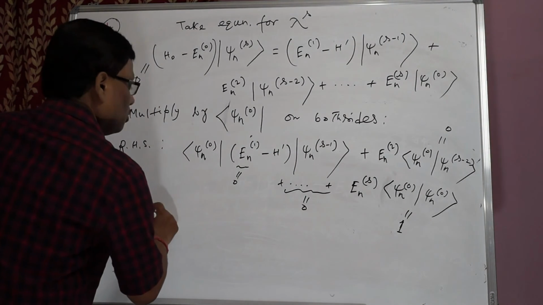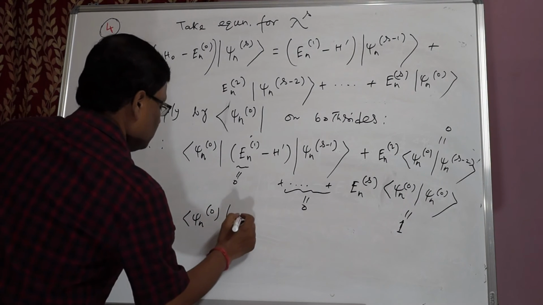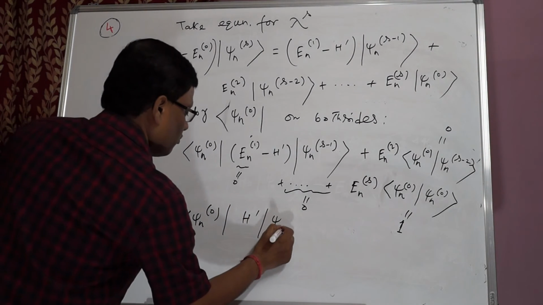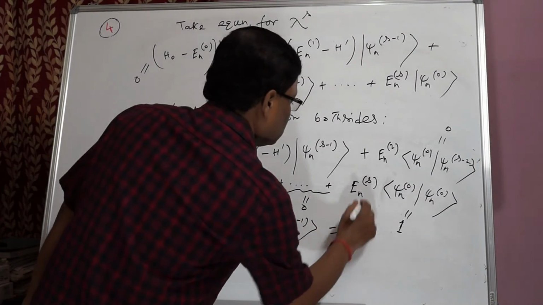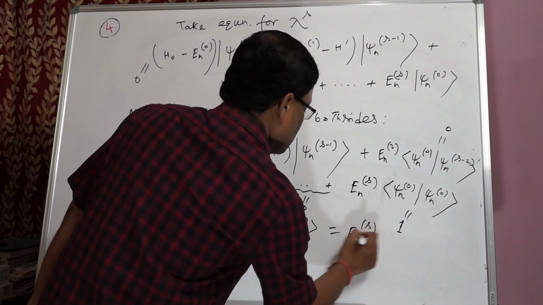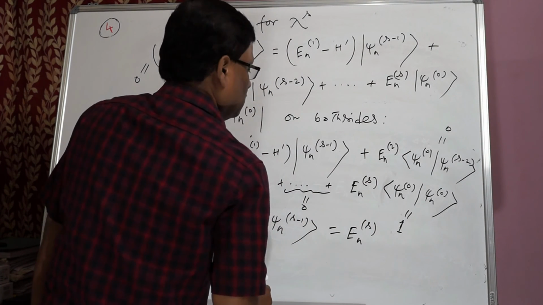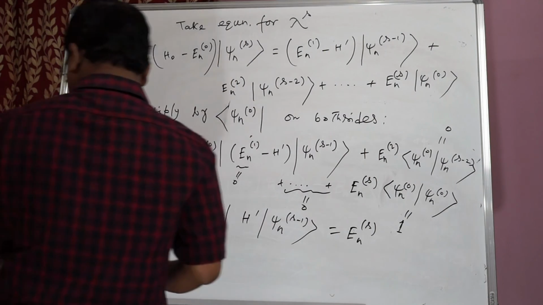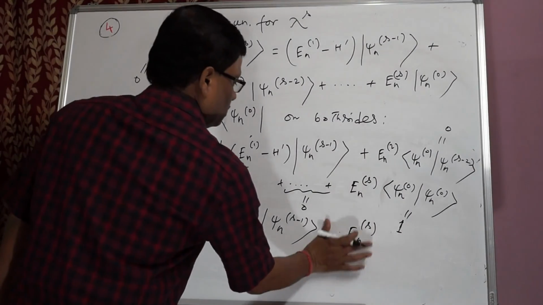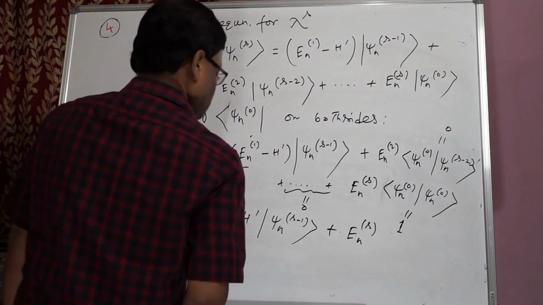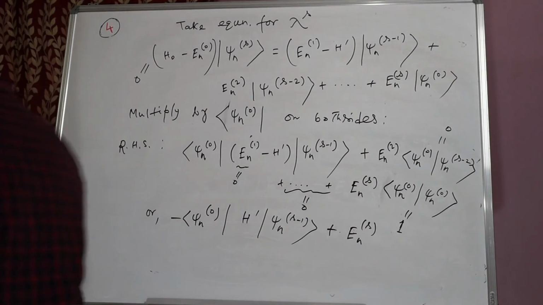So from all this I get psi n0 H prime psi n s minus 1, and this is plus E n s.